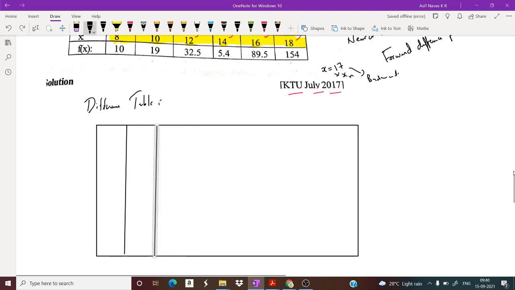So first, this is x values, y values, y equal to f of x values.